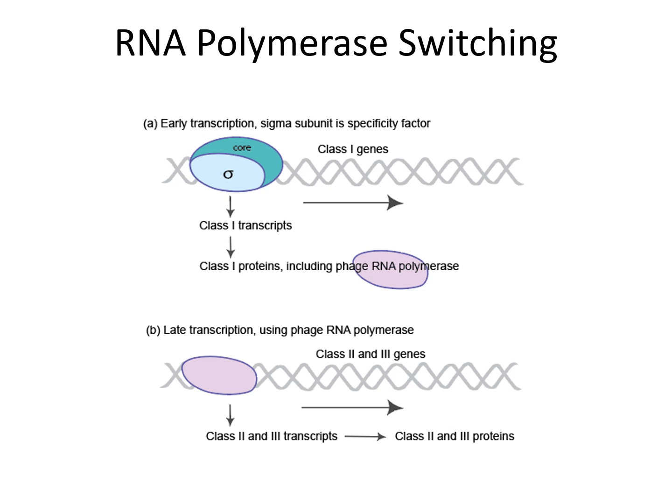Instead of making a new sigma subunit like SPO1 for the alternative sigma subunit, a specific class 1 gene encodes a new RNA polymerase with absolute specificity for the class 2 and 3 genes of phage T7. Therefore, the switching mechanism in this phage is very simple. So that's RNA polymerase switching.